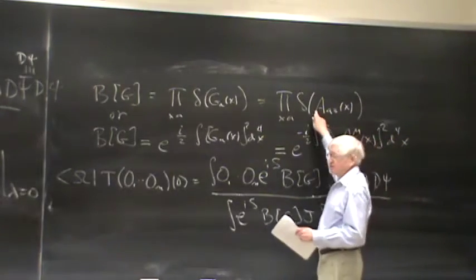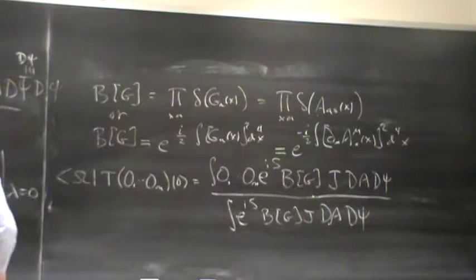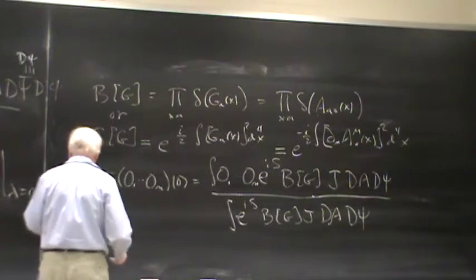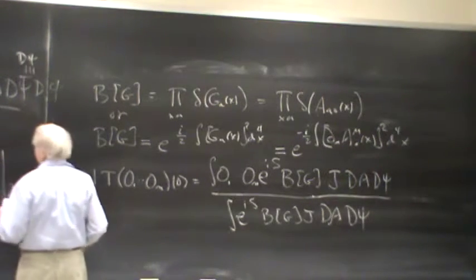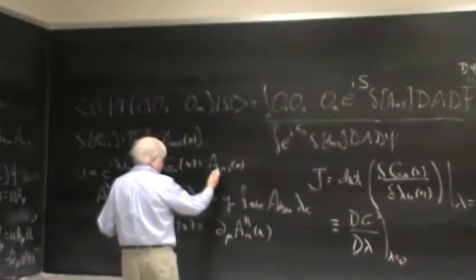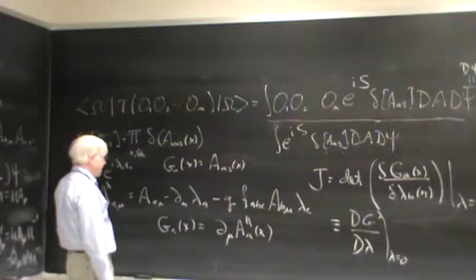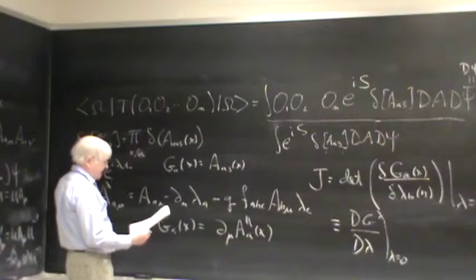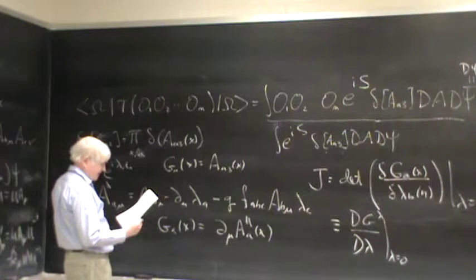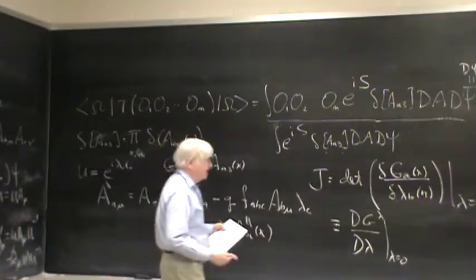But that Jacobian is a Jacobian of the way in which this changes with respect to lambda, and the change of that turns out to be a constant that cancels.